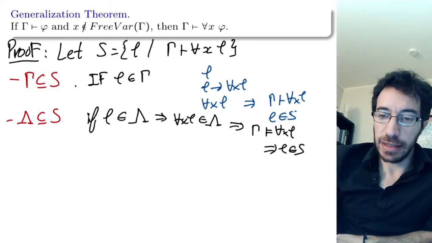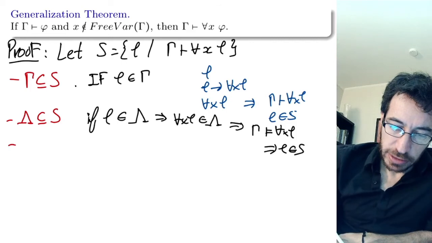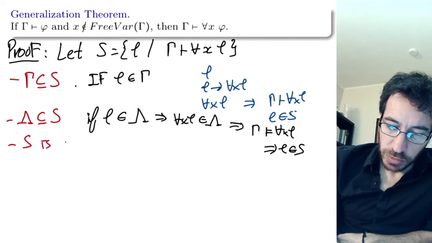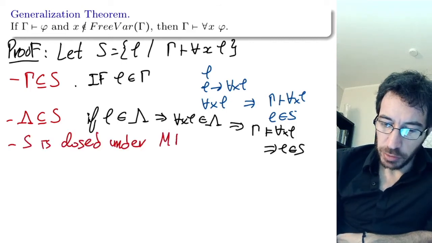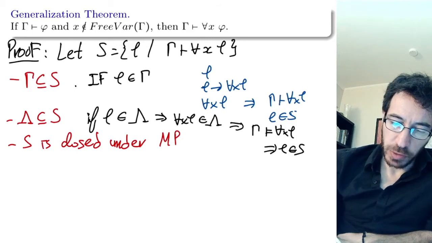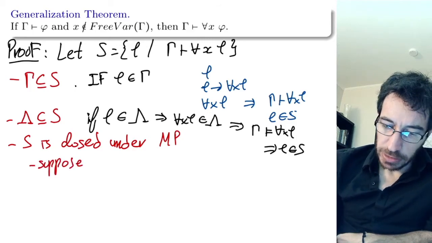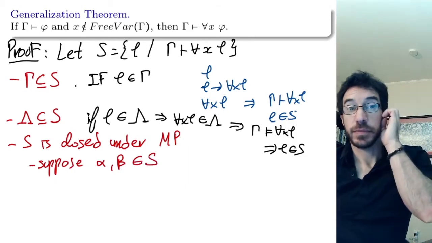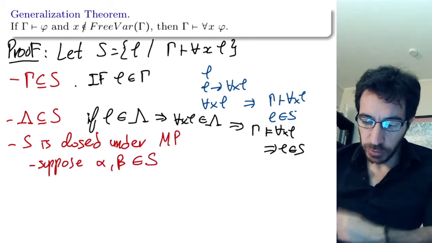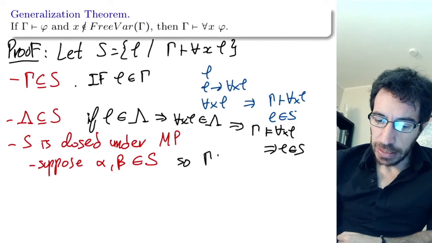And then last, we need to show that S is closed under modus ponens. So how do we start that? Suppose that we have alpha and beta that belong to S, right? So that means that we have two deductions. Gamma proves for every x alpha and gamma proves for every x beta.